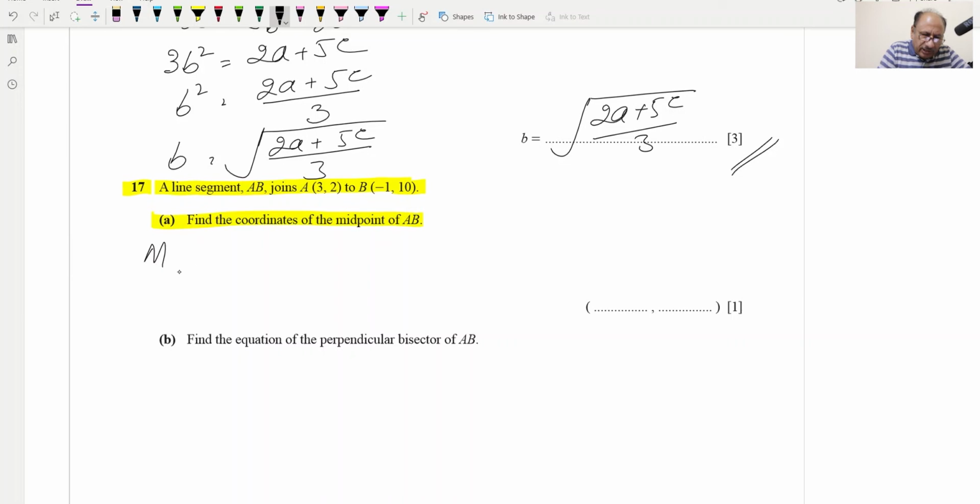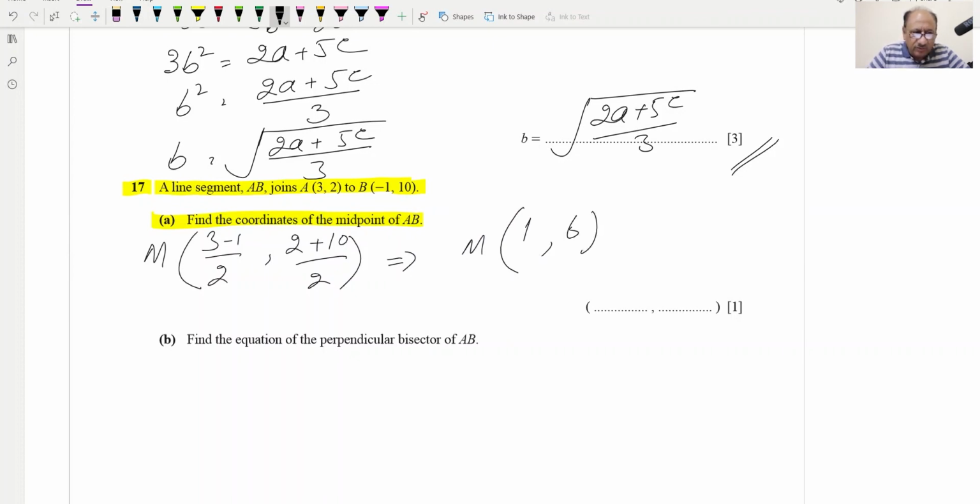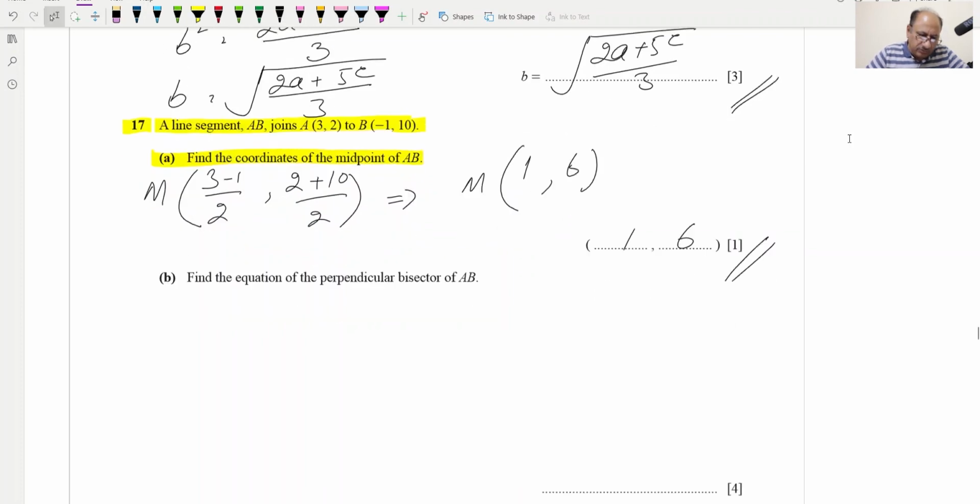So midpoint M, we write 3 plus minus 1 and divide by 2. X coordinates we have added, and y coordinates also we add and divide by 2. So M will be 2 over 2 which is 1, and 12 over 2 which is 6. So 1 and 6 are the coordinates of the midpoint. This is 1 mark part which we are done.